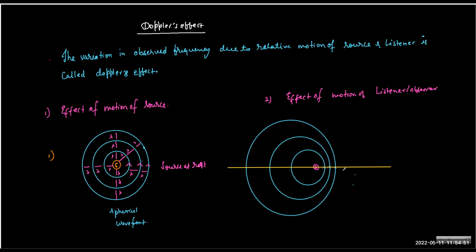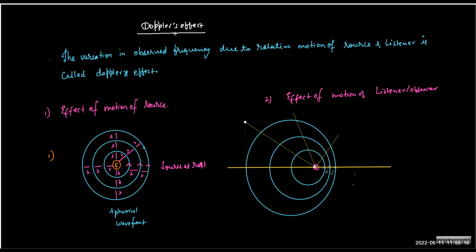Now you can see that as an effect of the motion of the source towards the right, the gap between the two wavefronts has decreased significantly. Not only that, the wavelength will vary in all directions.